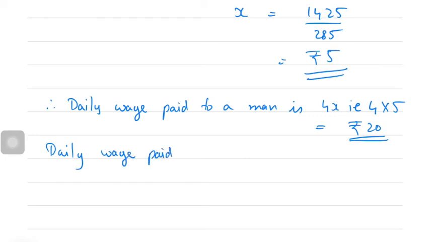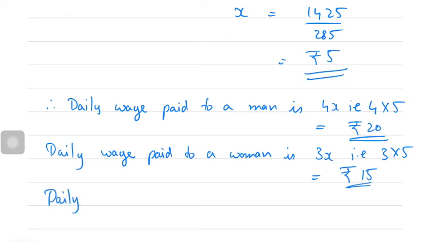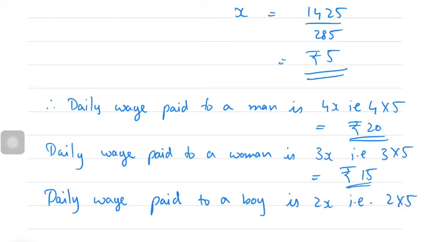Daily wage paid to a woman is 3x, that is 3 into 5, which comes to rupees 15. And daily wage paid to a boy is 2x, that is 2 into 5, which is rupees 10.